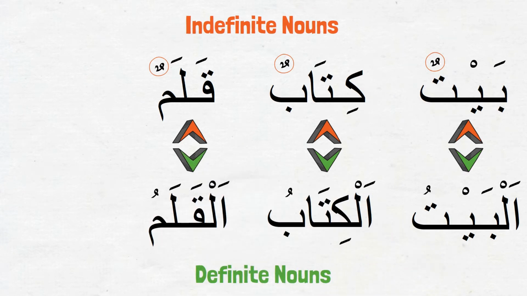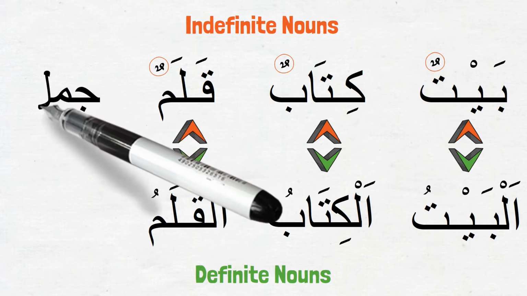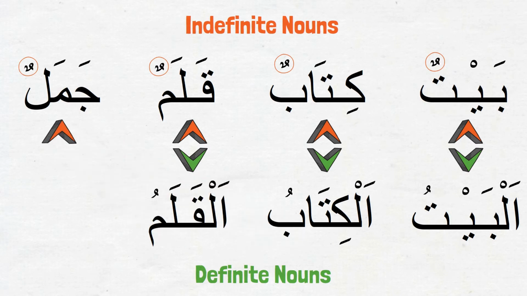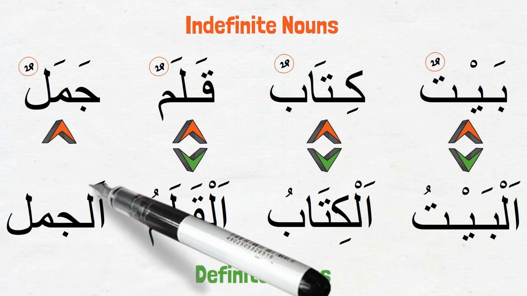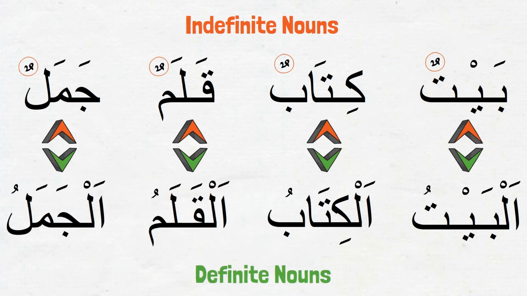Qalamun versus al-qalamu. Final one. Jamalun is a camel, and al-jamalu is the camel. Now, can you look at all these examples and tell me what is changing in these nouns from indefinite to definite form? A couple of things, right?